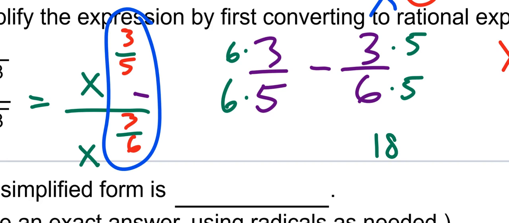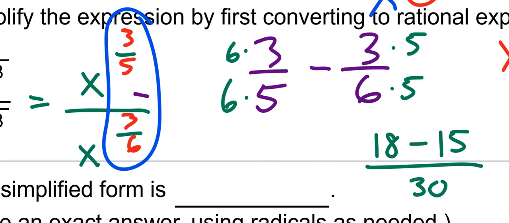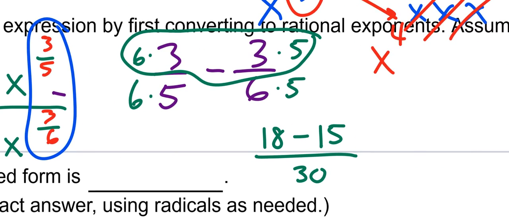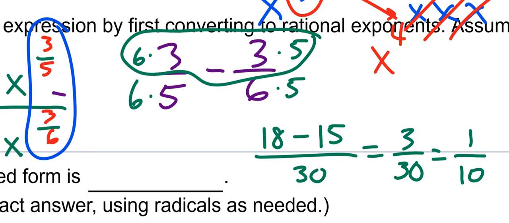So we have 18 minus 15 all over 30. Right up there I have my 18 minus 15. So we have 3 over 30, which reduces. Good observation. It reduces to 1/10.